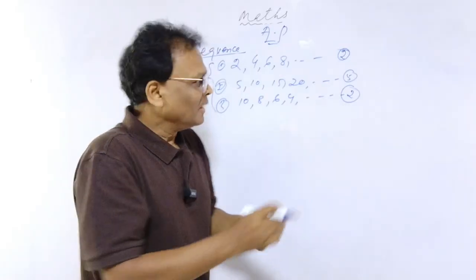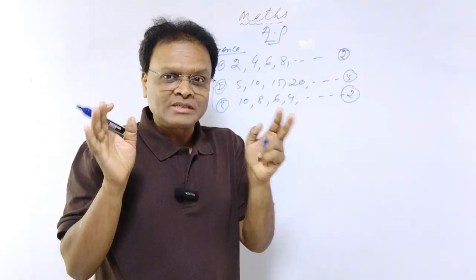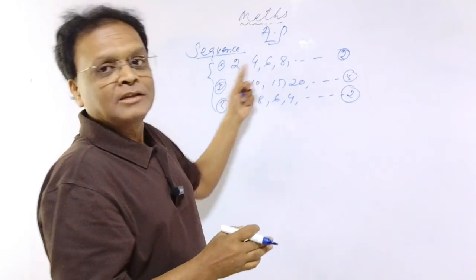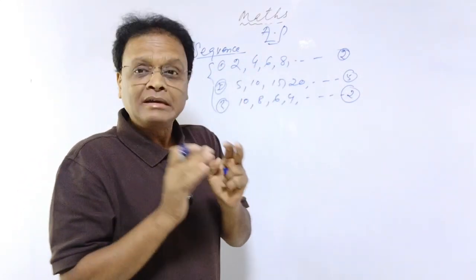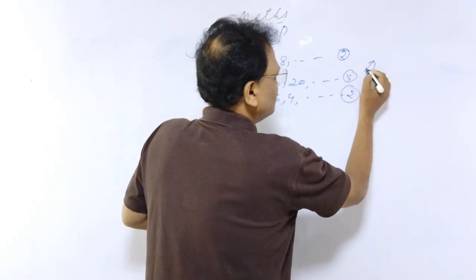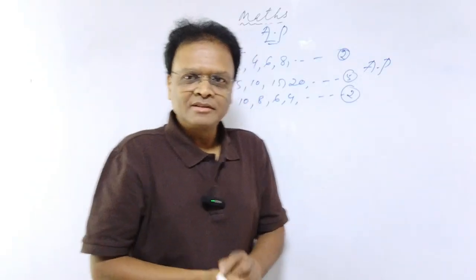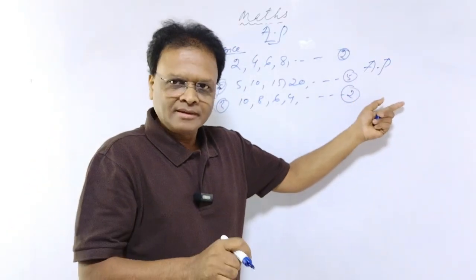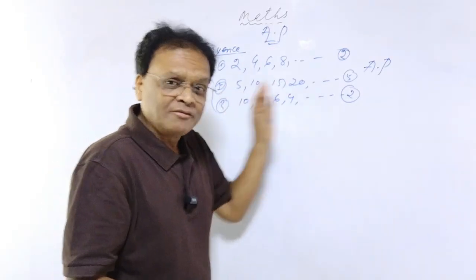So what do you notice? If there is a fixed difference between two consecutive numbers, consecutive numbers के बीच में अगर difference same रहा, then this sequence is in AP. Clear? तो AP में है ये sequence. To find it, check the difference.